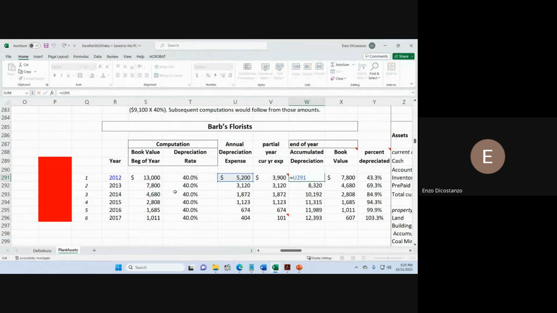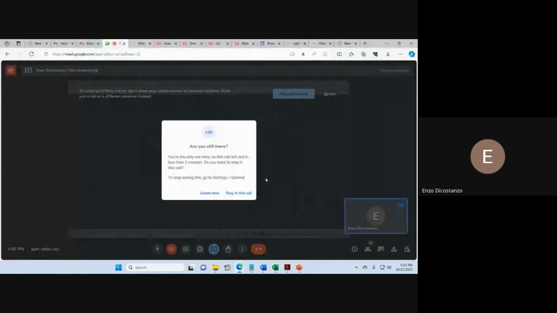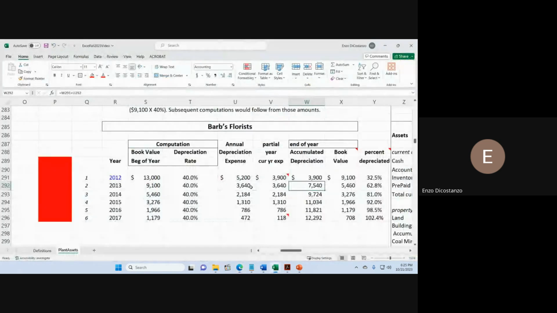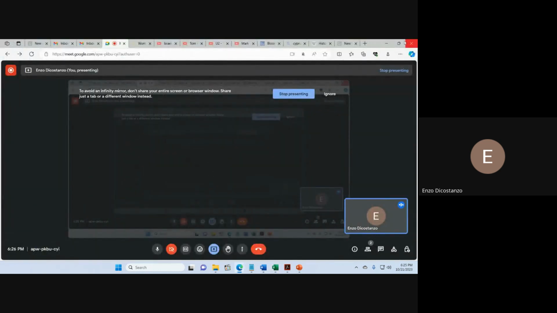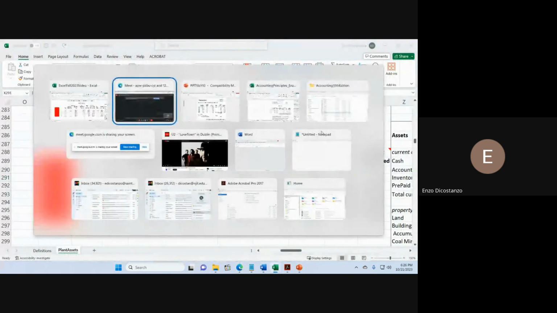And the accumulated is not this. Okay. That's 9 months. And the book is 9,100.